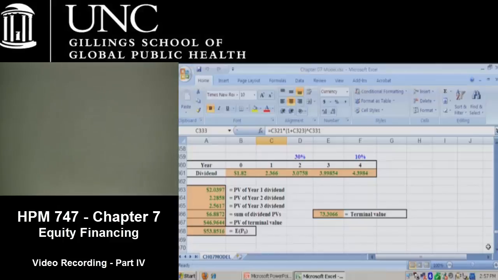So you use the constant growth model. Again, you can look at the cell addresses in the model to calculate what the expected price is going to be. So essentially, you find the present value of the first 4 dividends here, and then you find the present value of the dividends forever after year 4.